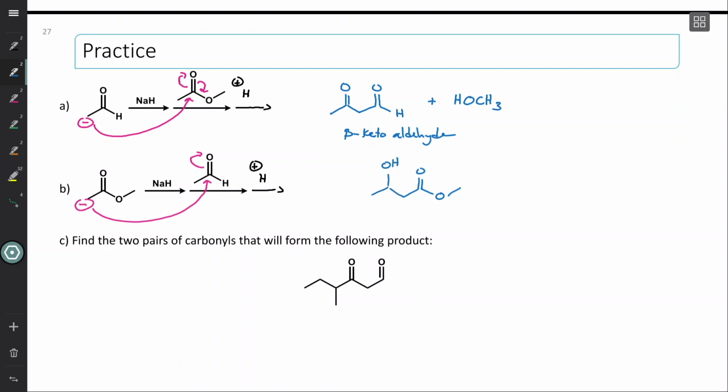And after we quench, we get this. And yeah, so this is the aldehyde, right? So there's one more proton here. So this is our beta hydroxy ester. Right. So just like we had before, whoever is going to be the nucleophile gets to keep its carbonyl unit.